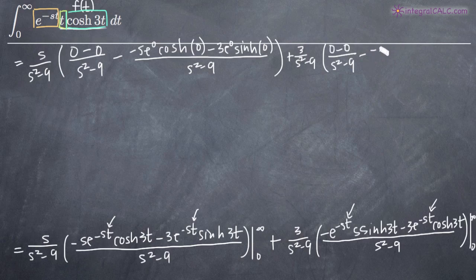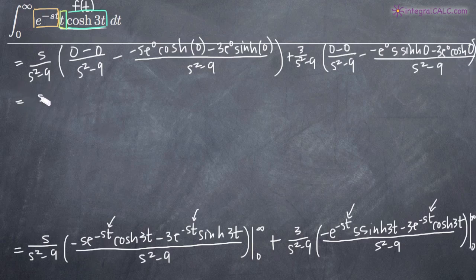So we'll get negative e to the 0 times s times hyperbolic sine of 0 minus 3e to the 0 times cos of 0 all over s squared minus 9.